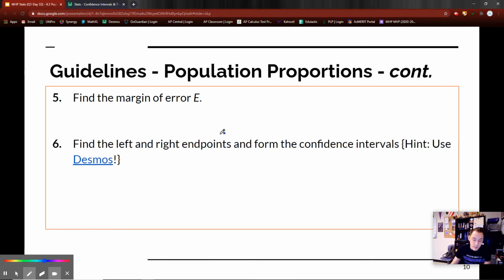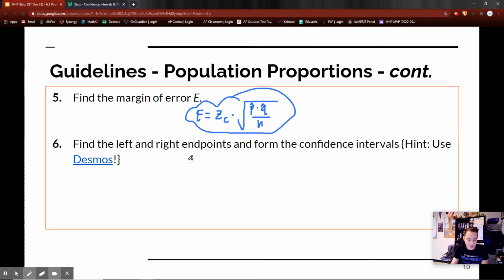Once again, my margin of error is this big monstrosity: my critical value times the square root of my p hat times my q hat all over my n. Don't worry, we're not going to be solving that out by hand. And then my left endpoint would be just my p hat minus my E.